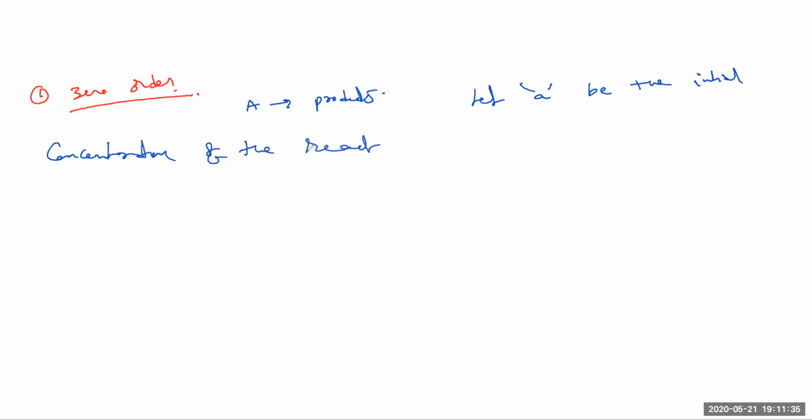Now consider the zero order reaction. Say A gives rise to products, right? So let small a be the initial concentration of the reactant, and a minus x be the concentration at time t.